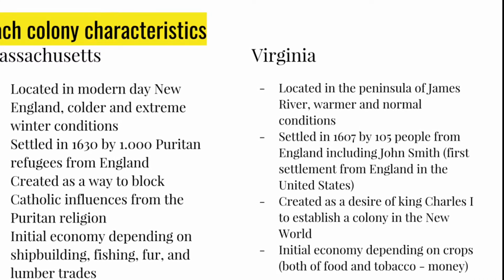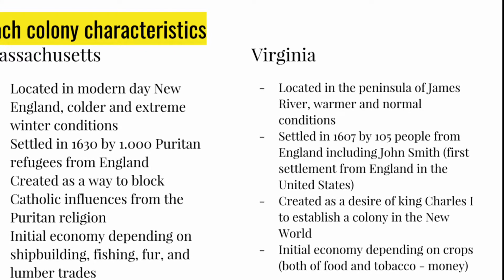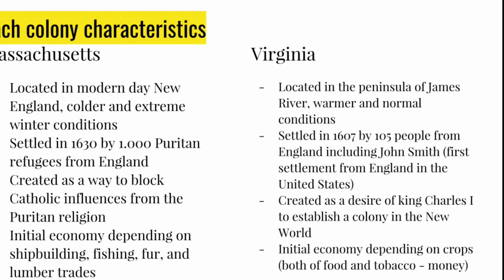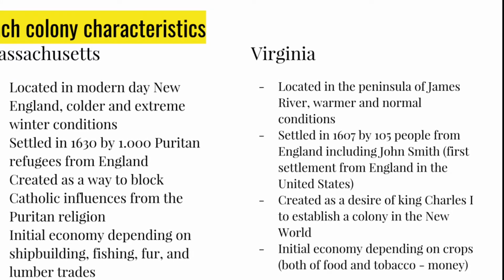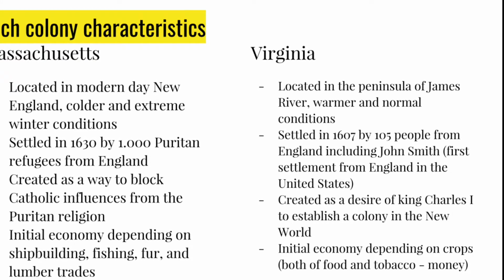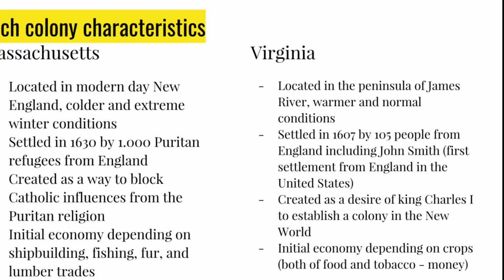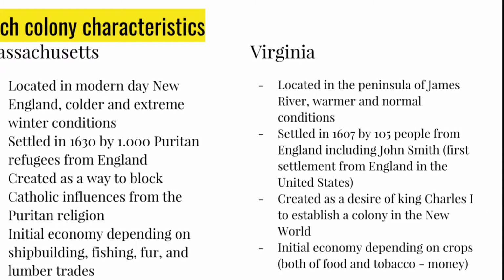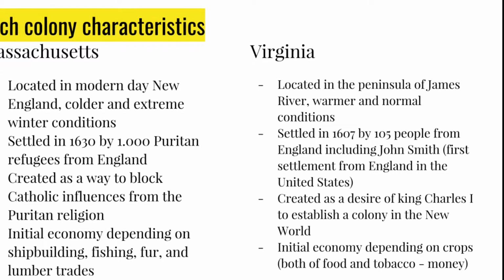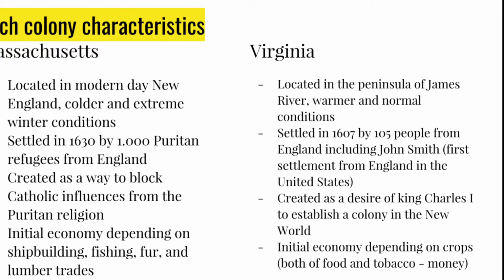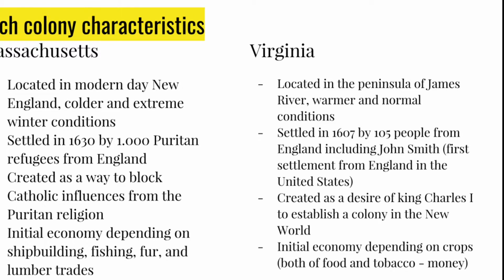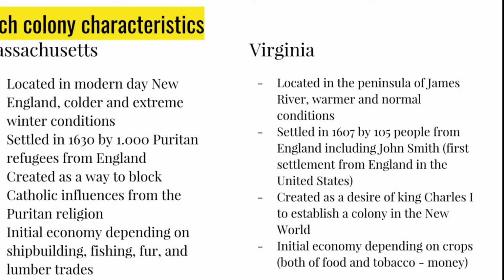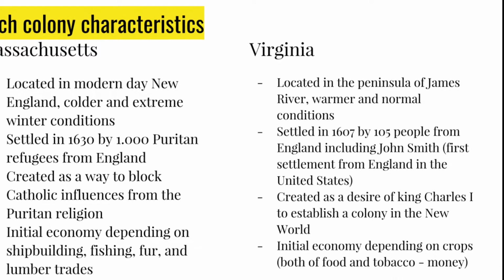On the other hand, we have Virginia, which was located in the peninsula of the James River, which had much warmer and normal conditions. It was settled in 1607 by 105 people from England, including John Smith, which was the first settlement from England in the United States, even before Massachusetts, having more or less 23 years of difference.